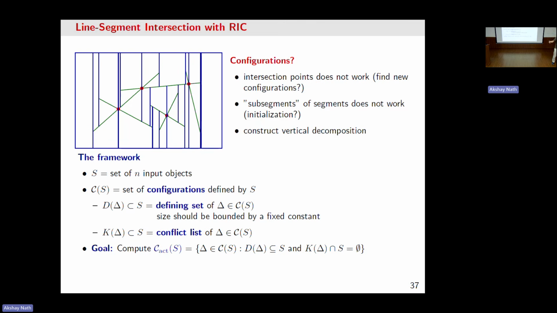So somehow the sweep should not really sweep from left to right, but be a little bit more careful. It's sweeping with some kind of line that sometimes you advance here and sometimes you advance here. So the sweep line becomes some kind of curve.